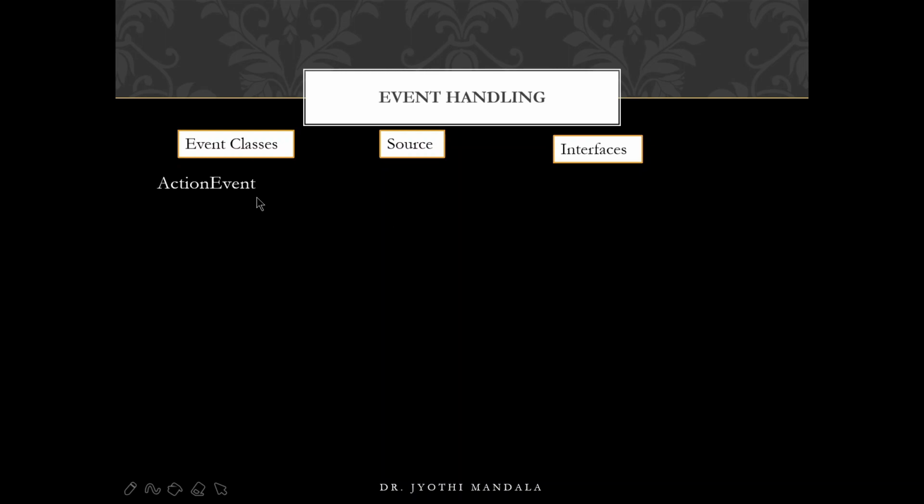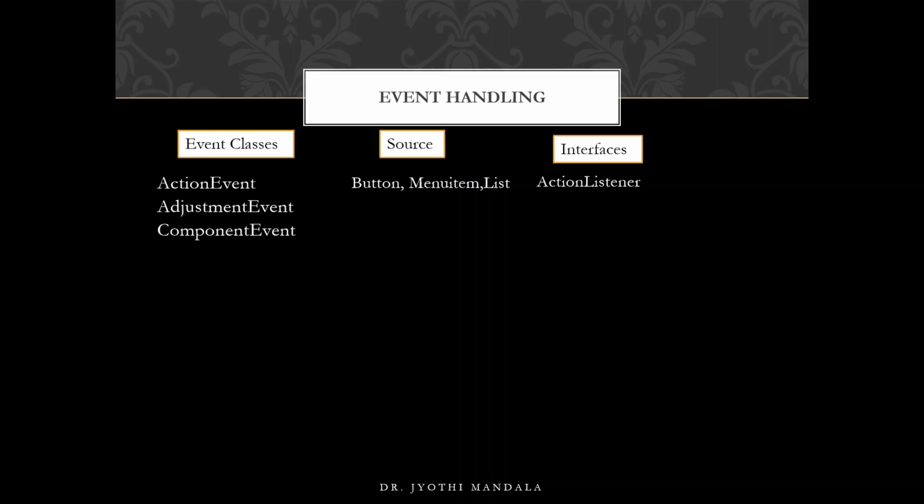The first predefined class we have is ActionEvent, and this can be generated by sources like button, menu item and list. If any event is generated from these, we can handle it by using this class, ActionEvent, and the ActionListener interface. Similarly we have AdjustmentEvent, ComponentEvent, ContainerEvent, FocusEvent.